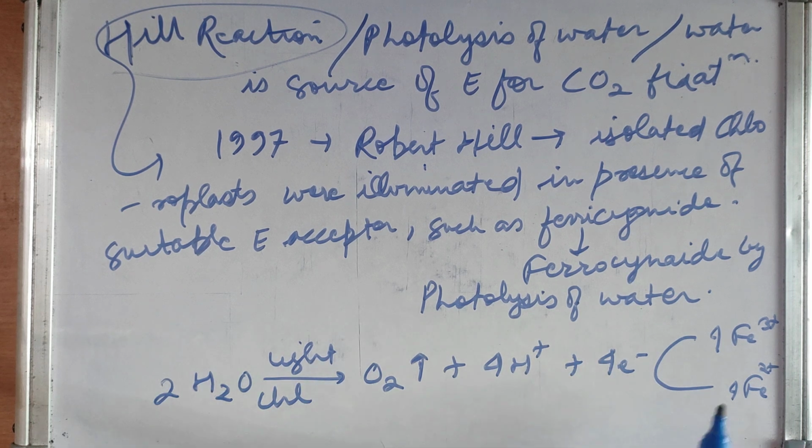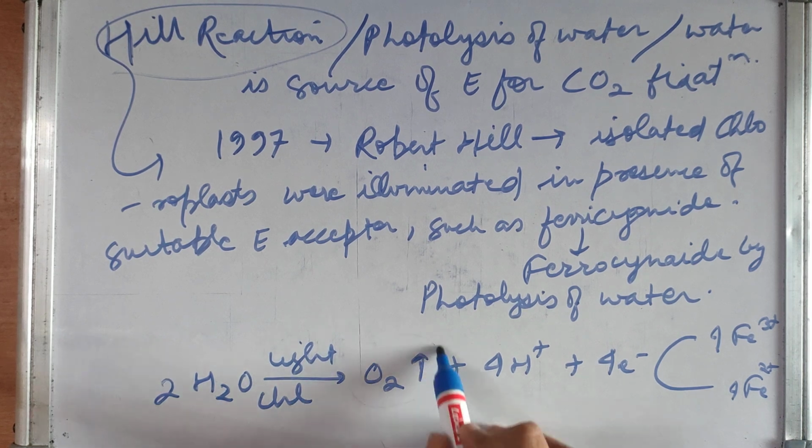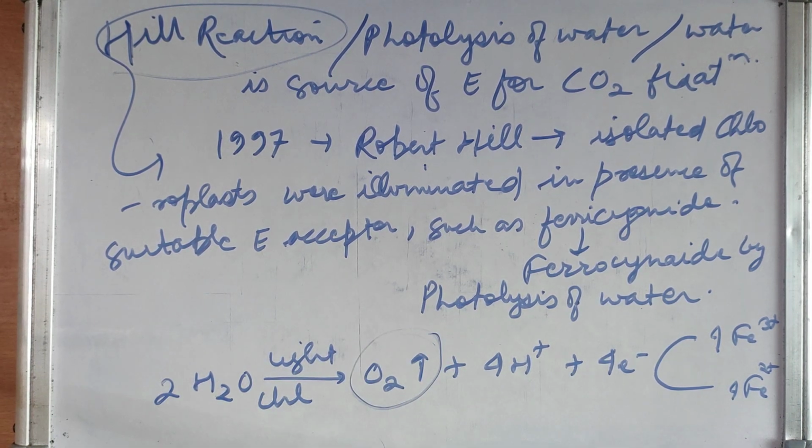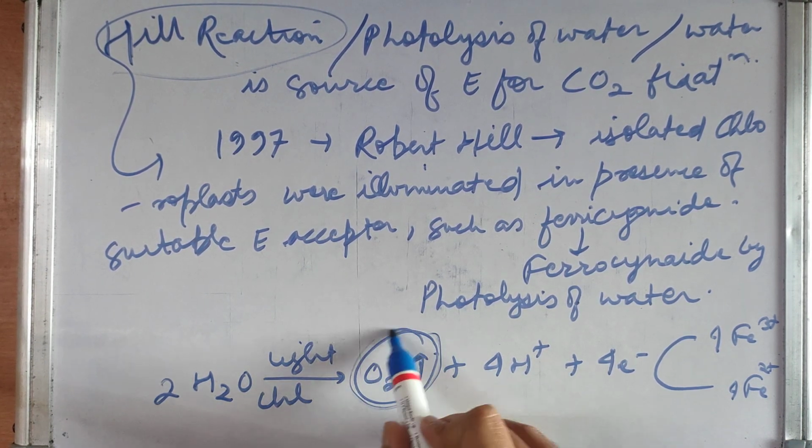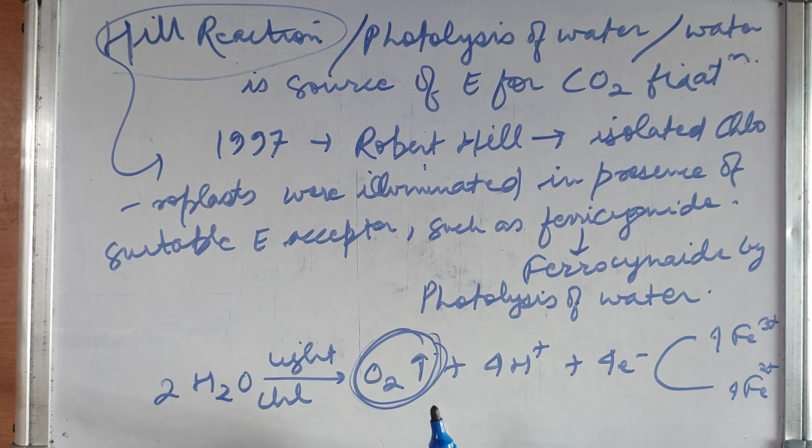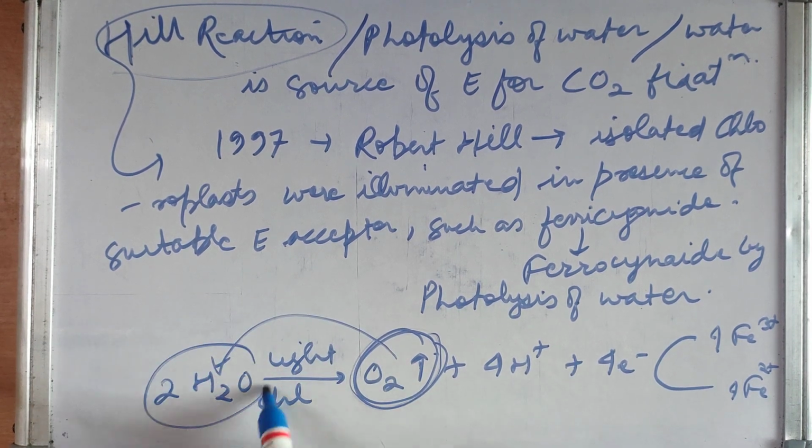So this is the Hill reaction. It explains that water is used as the source of electrons for CO2 fixation. Oxygen is evolved as a byproduct, not water. So it can be said that water is the source of oxygen, because this oxygen comes from the water.